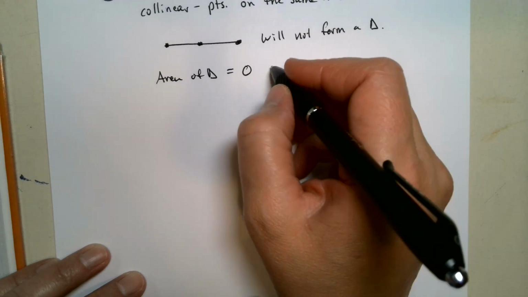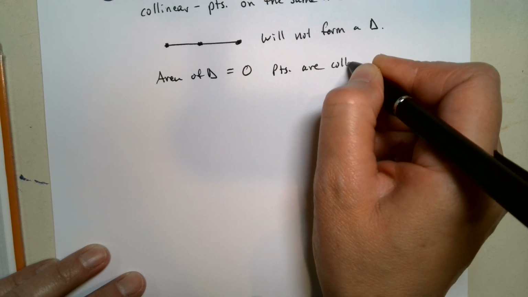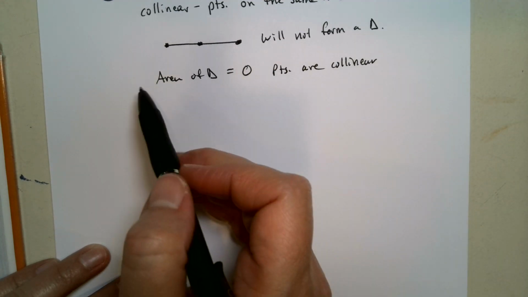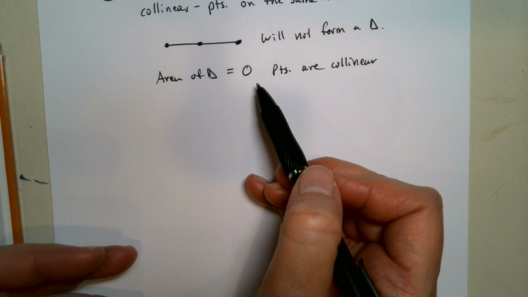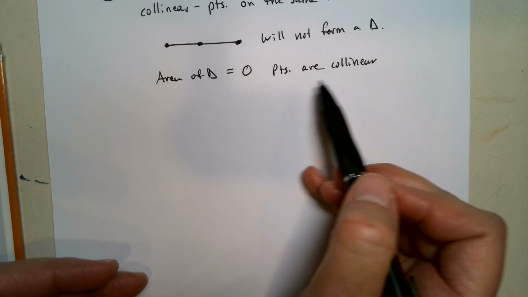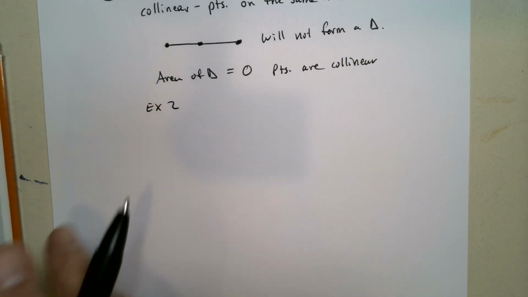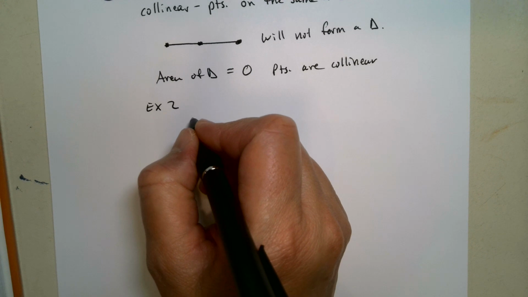And if it's equal to 0, then the points are collinear. That means that a triangle was not formed. But if the area of a triangle is equal to a number, if there is area there, then the points would not be collinear.